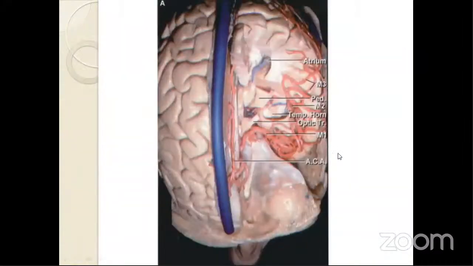This is another view, the superior view of the brain. The left cerebral hemisphere is removed. This is the nose. This is the superior sagittal sinus. This is the anterior cerebral artery. So the middle cerebral artery arises lateral to the optic chiasm, and it goes laterally towards the Sylvian Fissure.